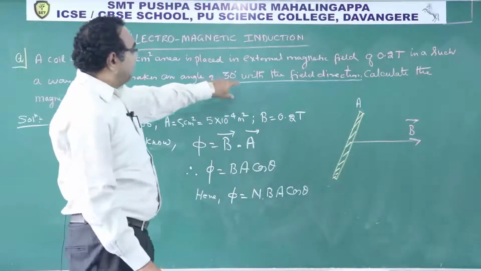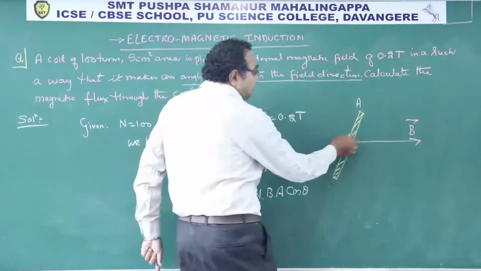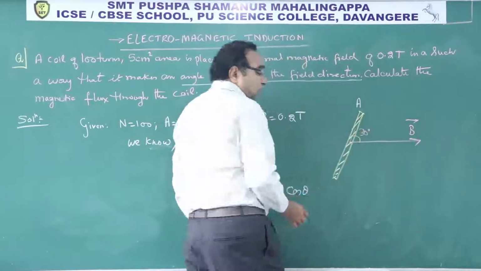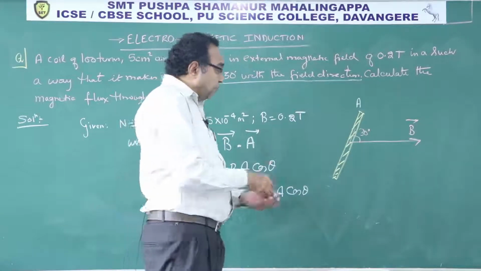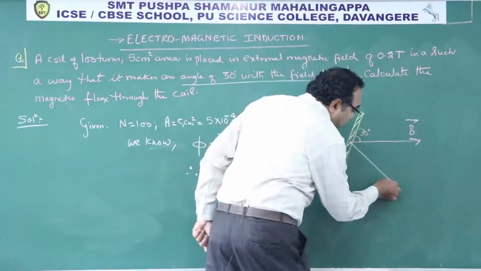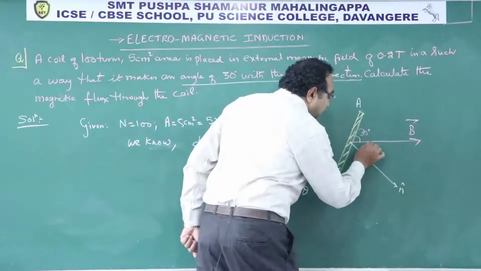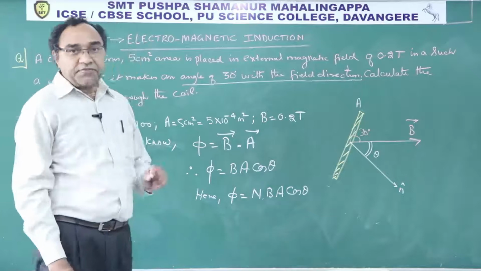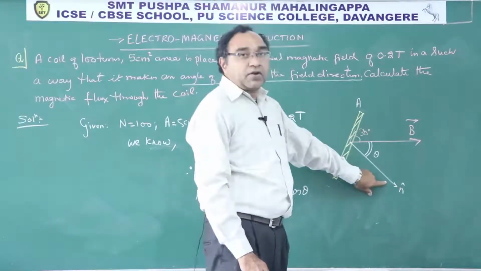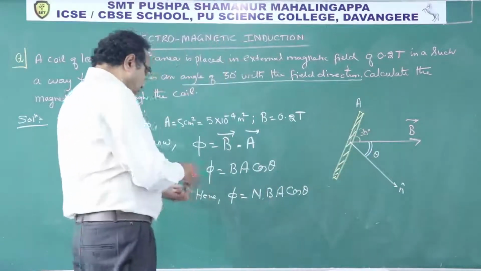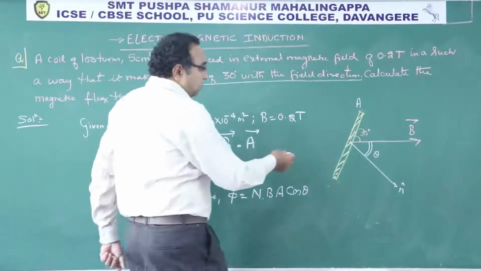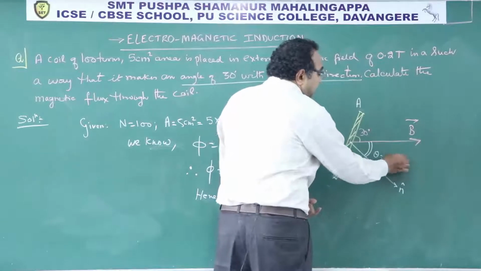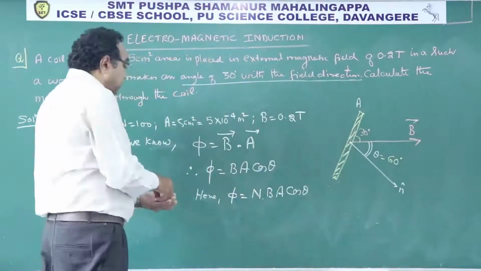It makes an angle of 30 degrees with the field direction. So this angle is 30 degrees. And what we need is the angle with the normal. This is the normal. So this angle is our theta. Theta is the angle between the normal to the plane of the coil and the field direction. So theta will be how much now? This theta will be 60 degrees.